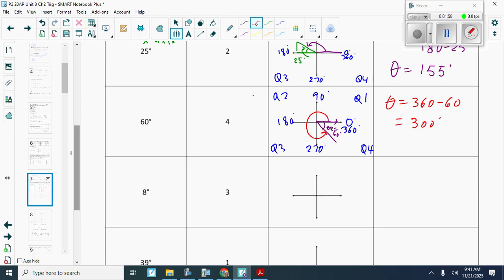What we're going to be continuing on with today is when we do our reference angle, it's technically like a reference triangle. So we're going to be adding in the x and y coordinates because we're on a Cartesian plane.